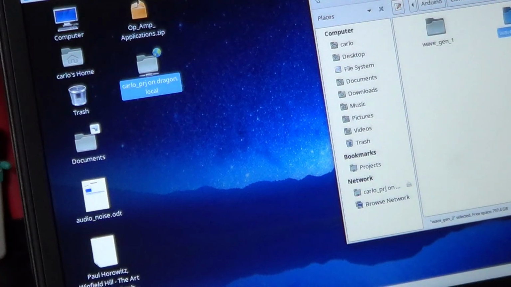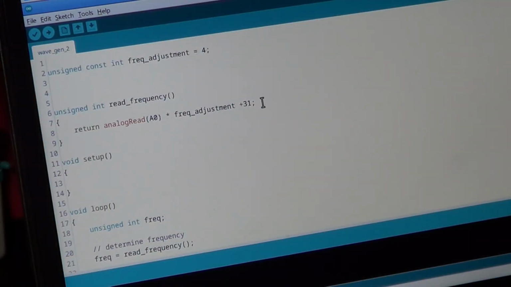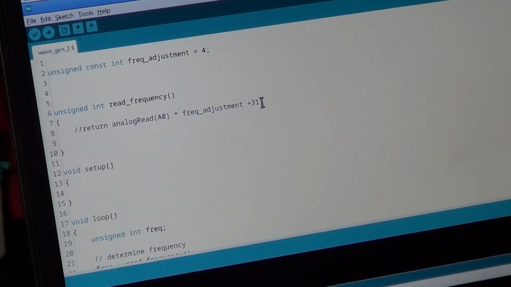So let's go back to the previous function and let's open it up. Let me fix a frequency now, like I did with the previous program. So I'm going to comment out this one, and I'm going to add here return. And look, I'm going to put 10,000 Hz right now, 10 kHz. Let's see if this works. I bet it does. So let's upload.